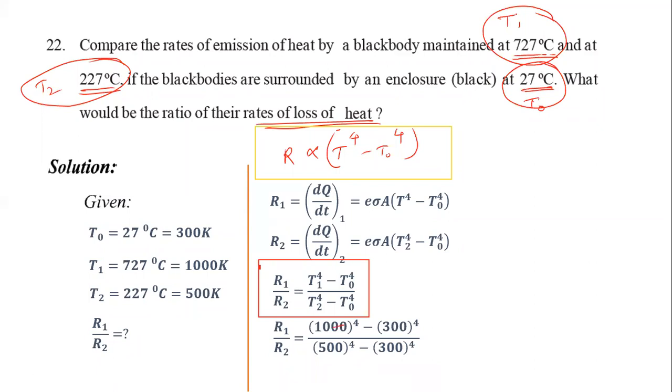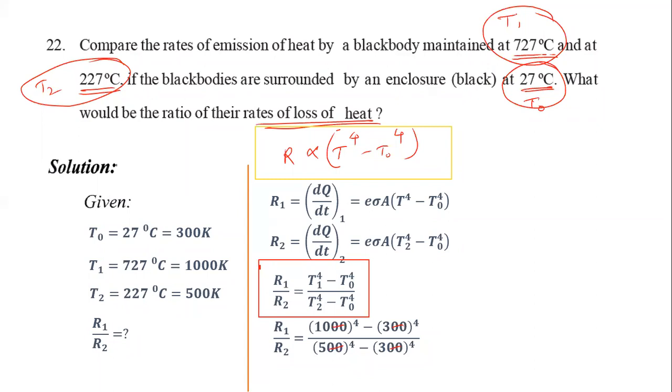So we can cancel these two zeros, these two zeros, these two zeros. In the language of mathematics, two zeros means 10 raised to 2, and 10 raised to 2 raised to 4 is 10 raised to 8. We can take it common from numerator and denominator, and 10 raised to 8, 10 raised to 8 get cancelled.